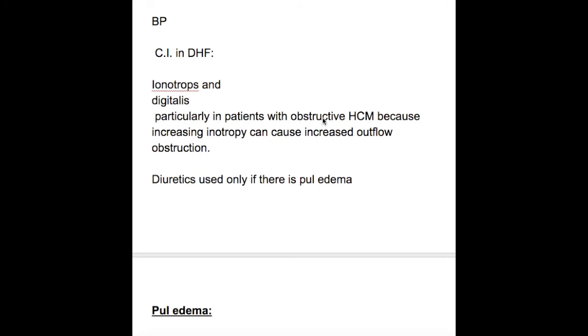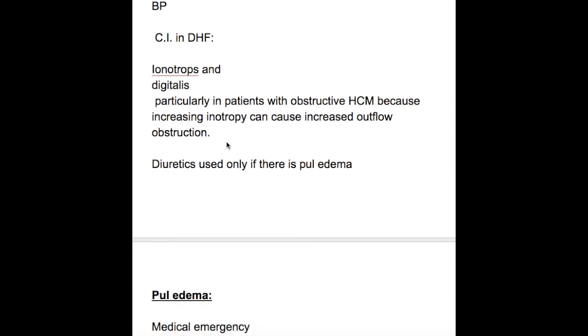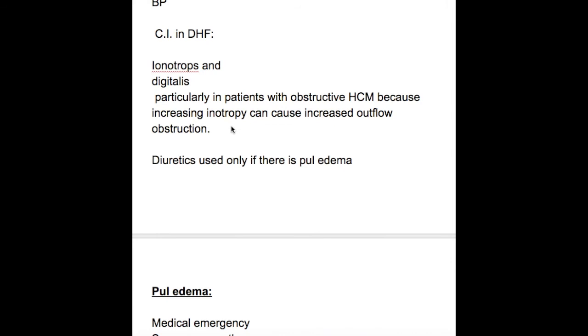Particularly in patients with obstructive hypertrophic cardiomyopathy, these inotropes and digitalis are contraindicated because increasing the inotropy can cause increased outflow obstruction.